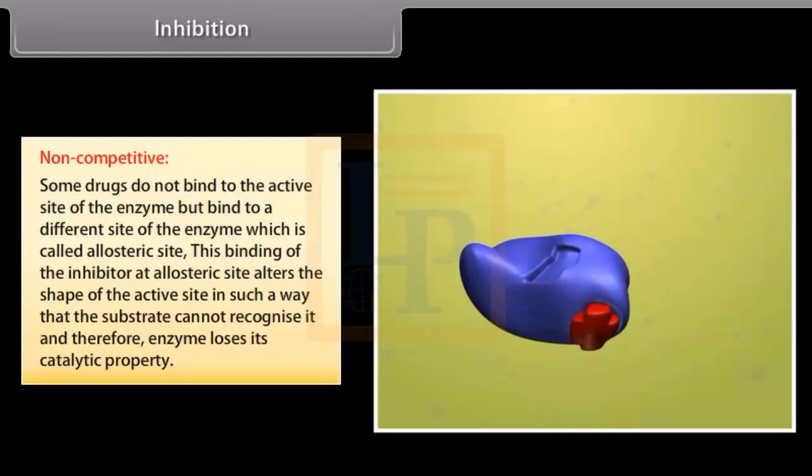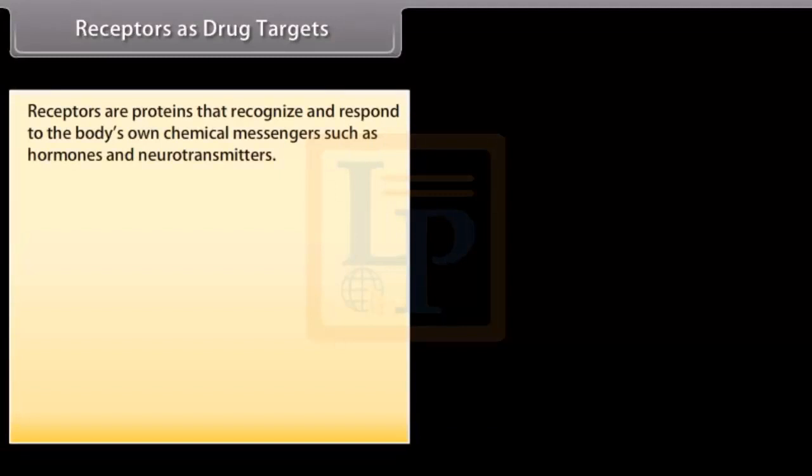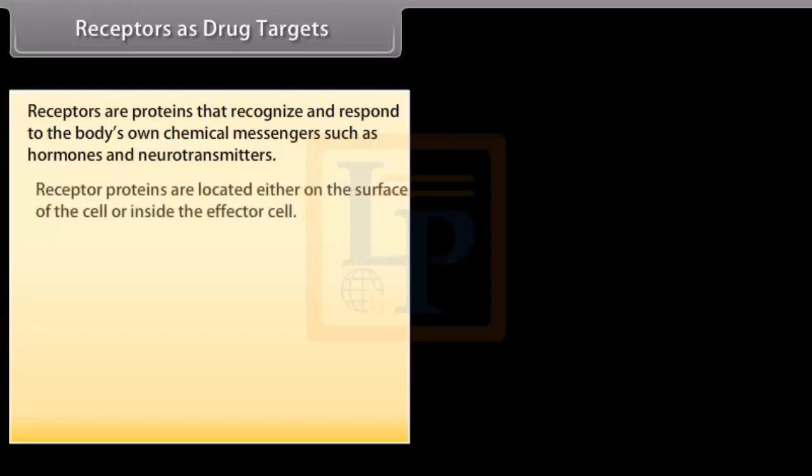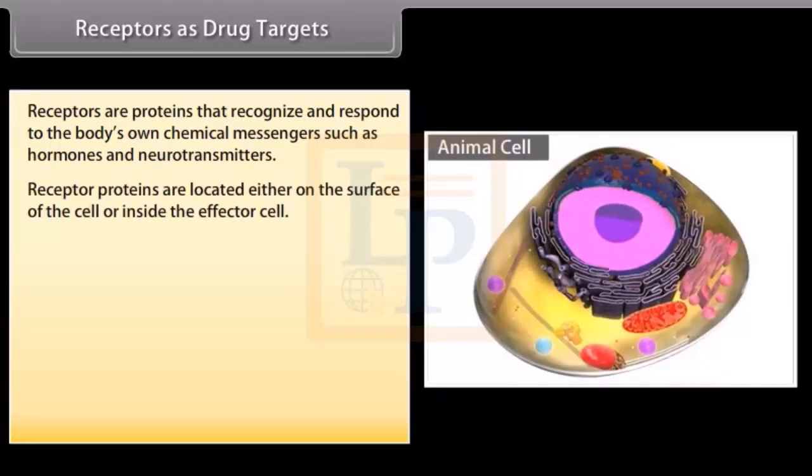Receptors as drug targets. Receptors are proteins that recognize and respond to the body's own chemical messengers such as hormones and neurotransmitters. Receptor proteins are located either on the surface of the cell or inside the effector cell.